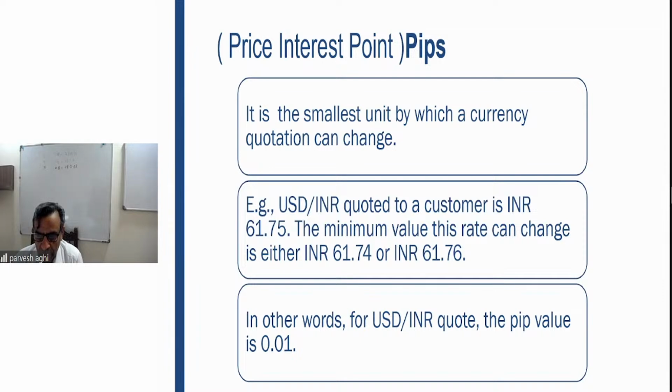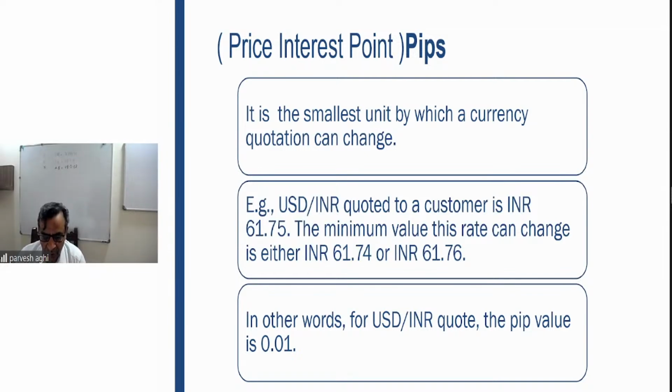Okay. So USD INR quoted to a customer is say 61.75. So the minimum value this rate can change by is to 61.74 or 61.76. Suppose it is up to 2 decimal places, but normally it is up to 4 decimal places. To just understand the concept, I made it up to 2 decimal places. So the currency can move either less or more.